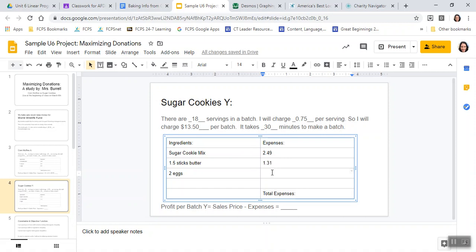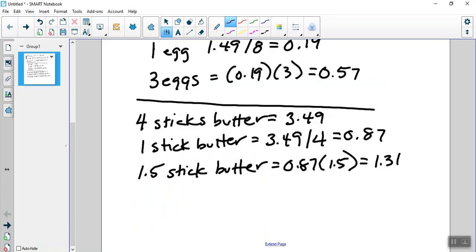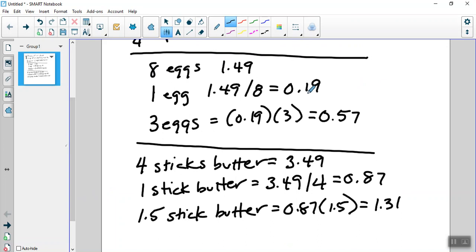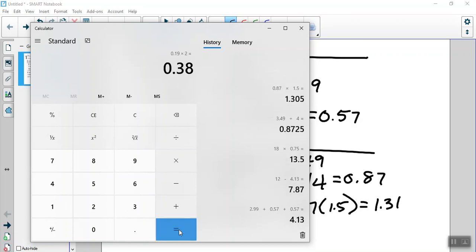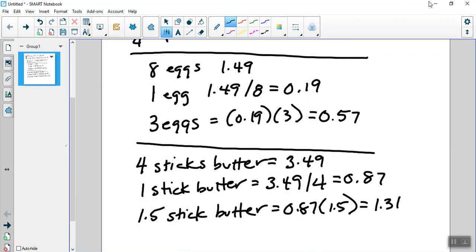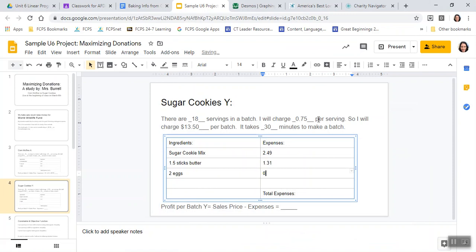And then the 2 eggs, let's go back to what I already figured out. So 1 egg is 19 cents. So 2 eggs will be 19 cents times 2. So 38 cents for my eggs. Okay, so total expenses now, I need to add these up. Let's see, it's going to be $4.80.